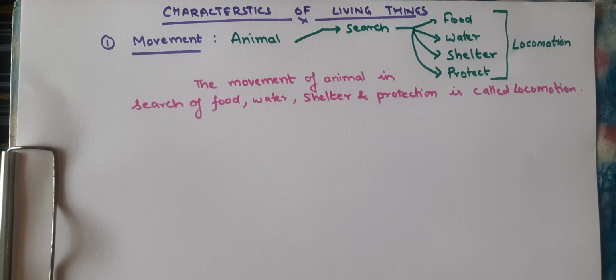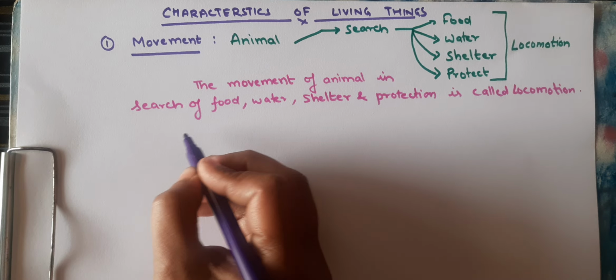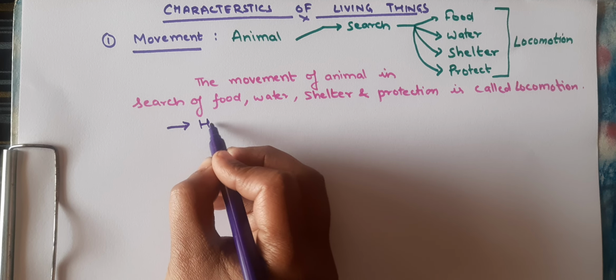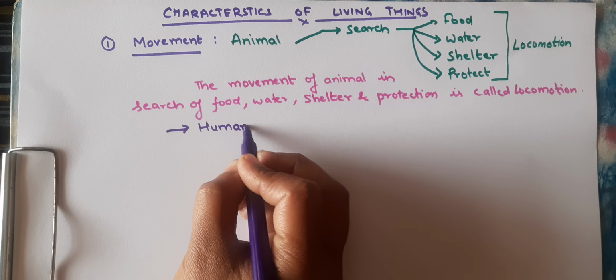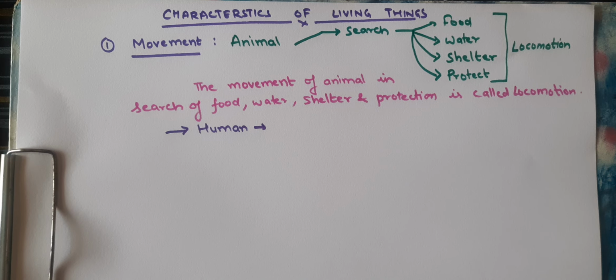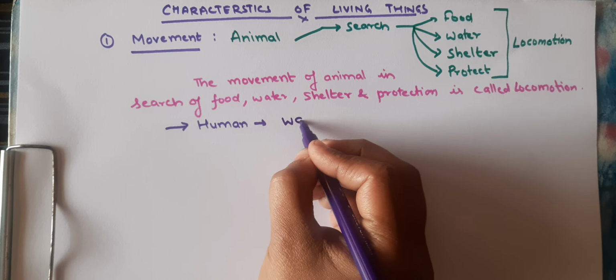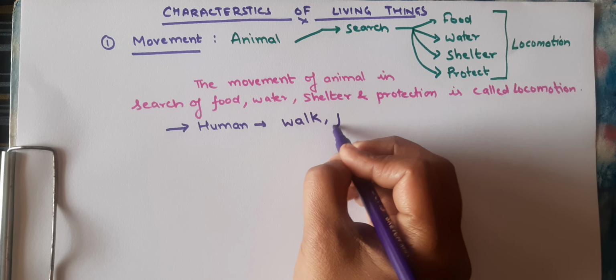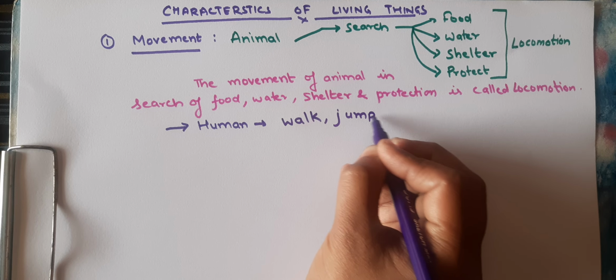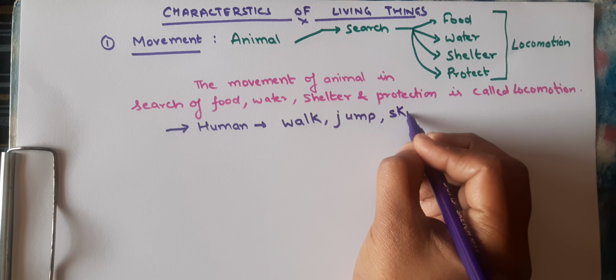Okay, so now I will give you some examples. Suppose we are human. We will take the example of humans first. So what movement will they show? They will walk, jump. We can do skipping.